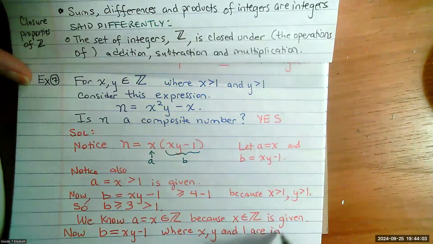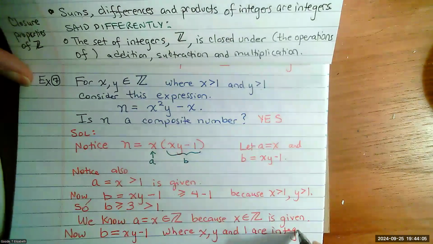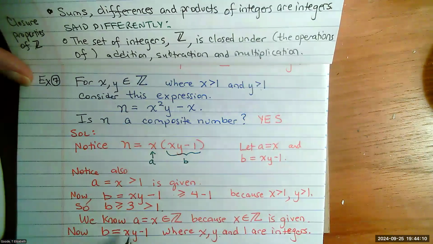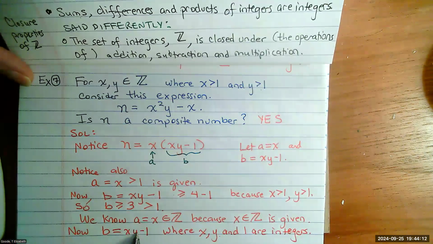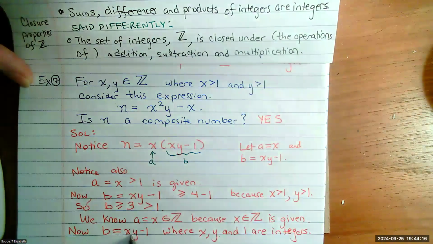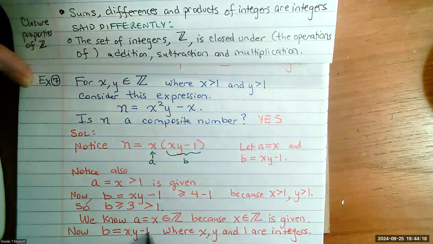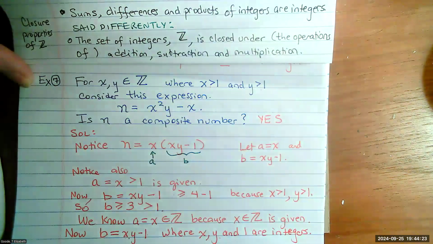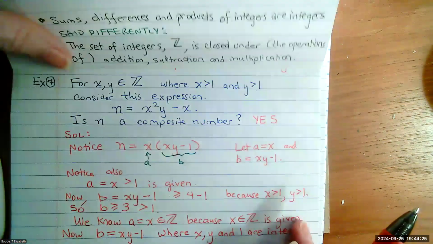We know those are all integers. So X and Y are integers. Well, that means the product XY is an integer, right? Because products of integers are integers. So XY is an integer, 1 is an integer, XY minus 1 is an integer because differences of integers are integers.